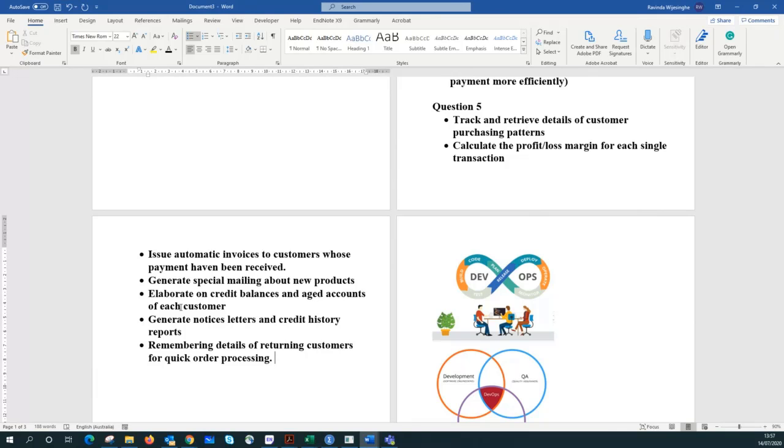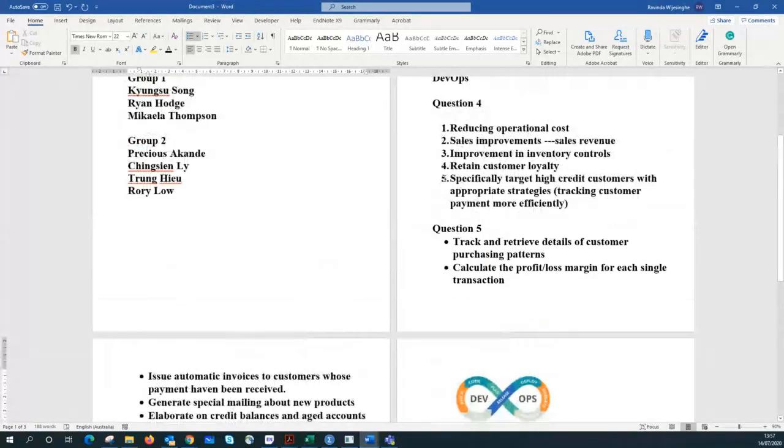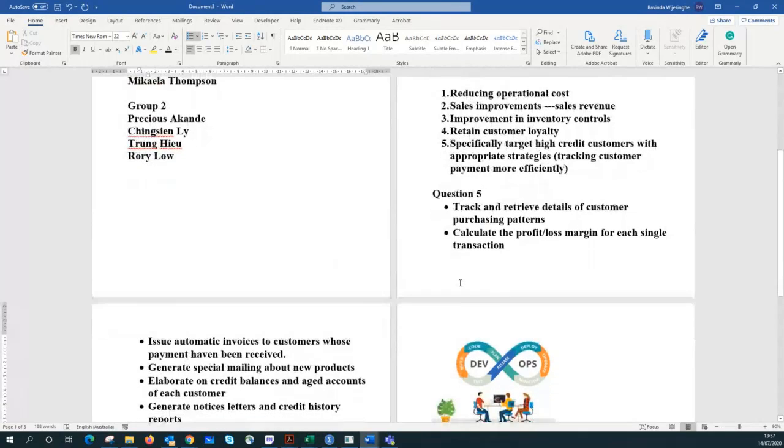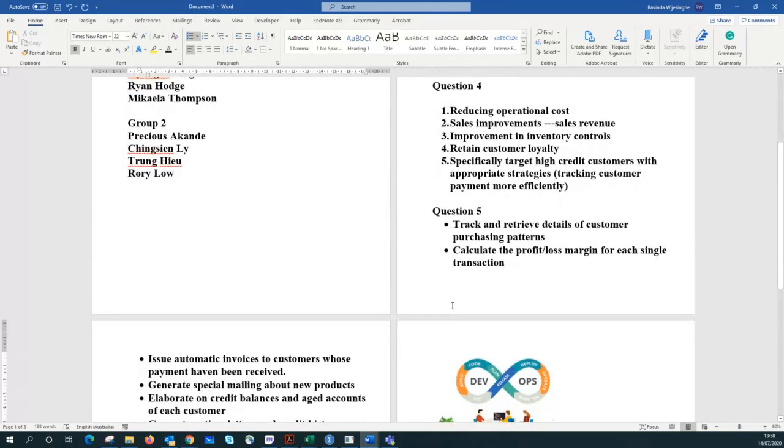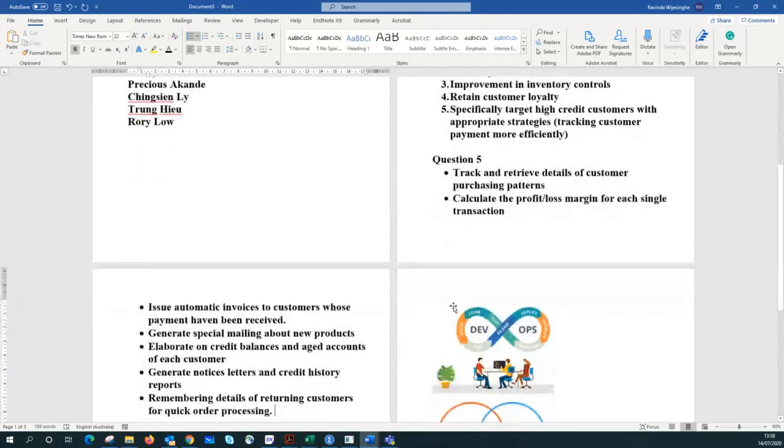So I would say these are the 5 or 7 capabilities that we can implement to derive these business benefits for that particular jewelry company.